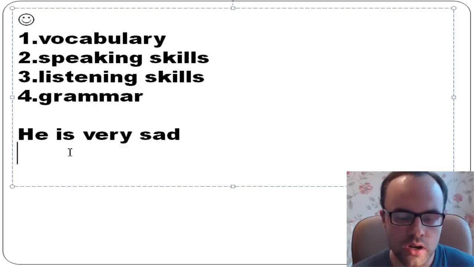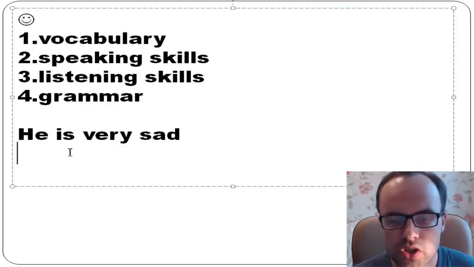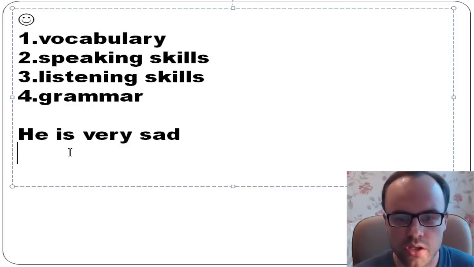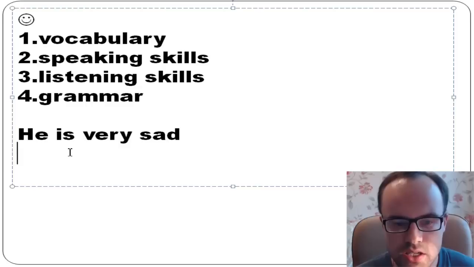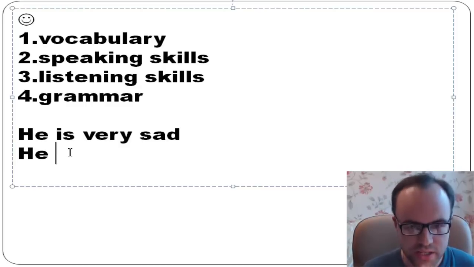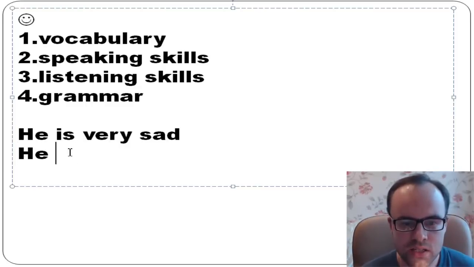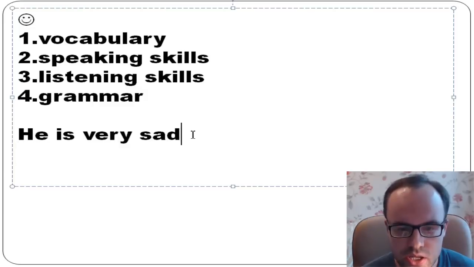What other words which mean the same as this word, or which have a similar meaning, can you come up with? Come up with, it's a good phrasal verb. So he is very sad, or you can also say he is very unhappy. Let's type it here.